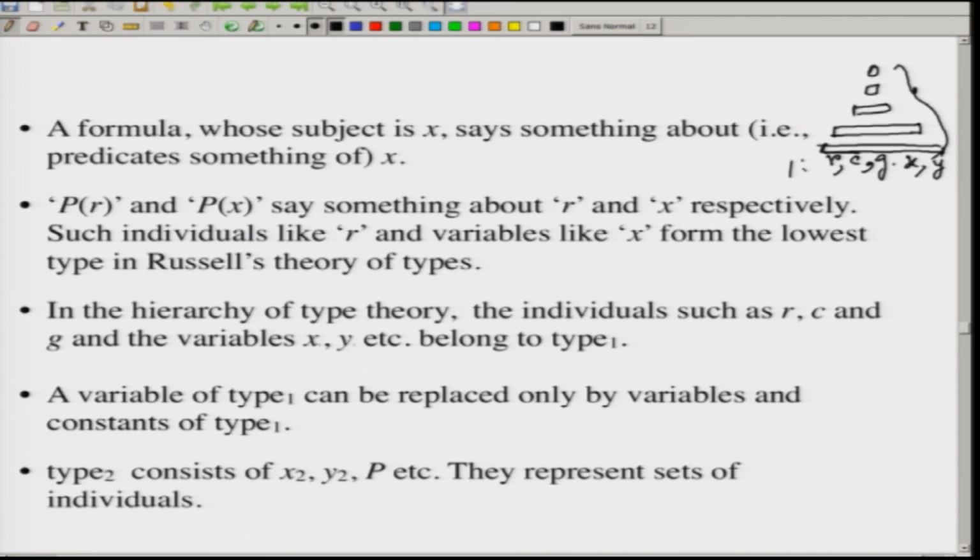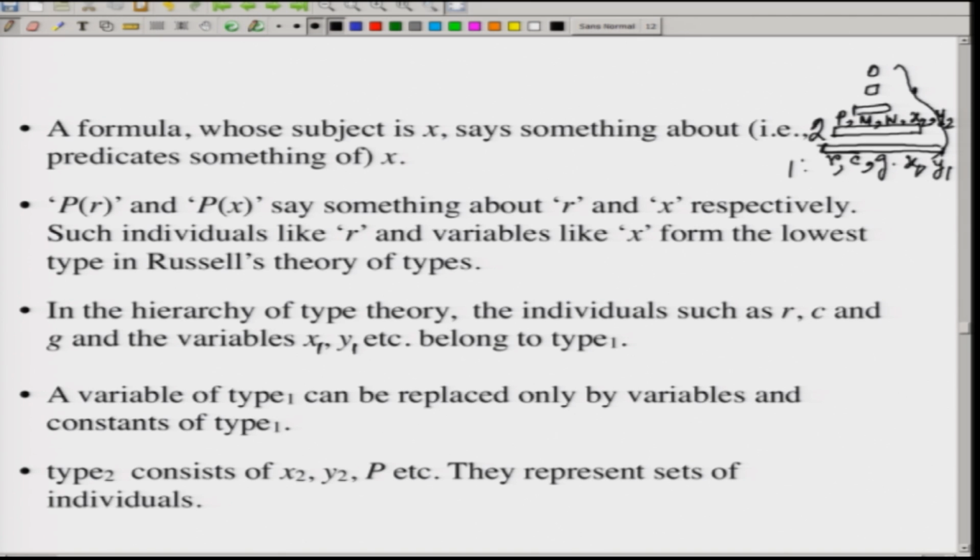Type 2 consists of x2, y2, P, etc. So, at this level you have x1, y1, at this level you have, we add 1, that is better for us. At this level you have P, that is philosopher, M, man, W, woman, and x2, y2.